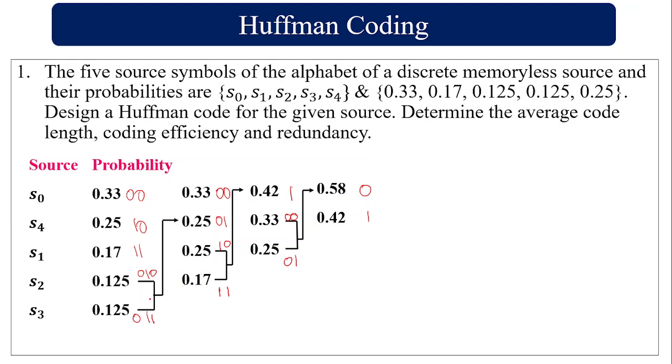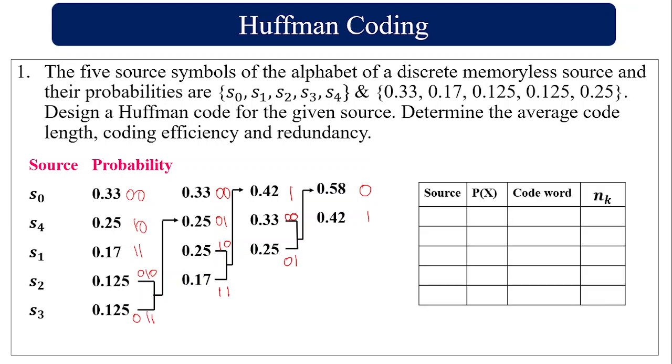Now we have got the code words: for 0.33 it is 0 0, 0.25 is 1 0, 0.17 is 1 1, 0.125 is 0 1 0, and the other 0.125 is 0 1 1. Each and every code word is unique. The repetition of a code word is not allowed. If there is repetition, then the problem is wrong.